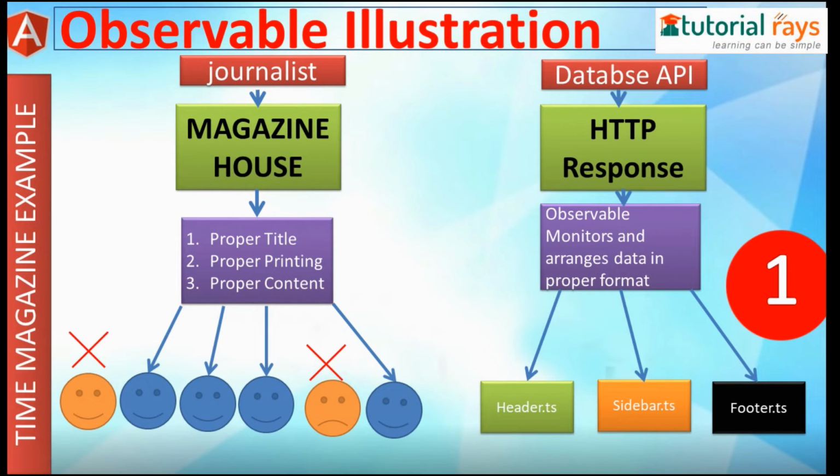That is the actual work of the observable. The task of the observable is to receive asynchronous data in improper, raw format, and after receiving it, make it into a proper array format and send it to the consuming TS file.